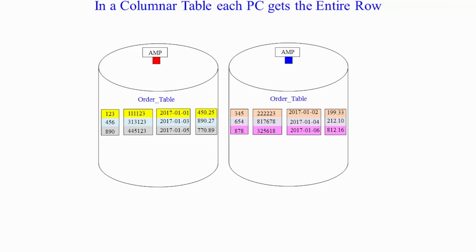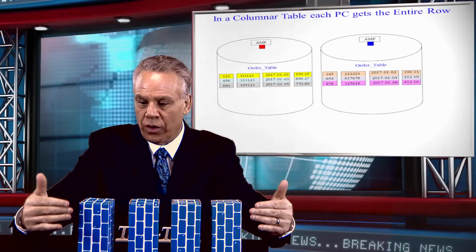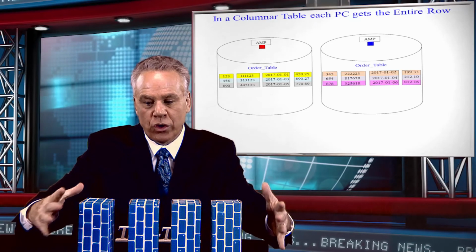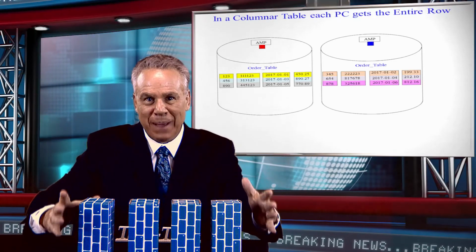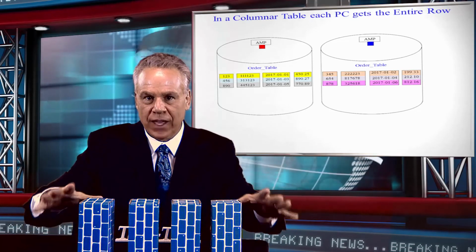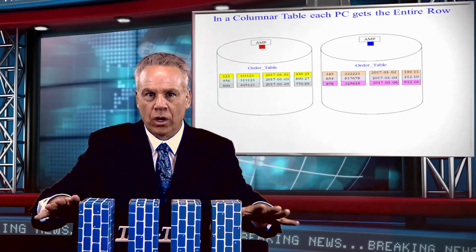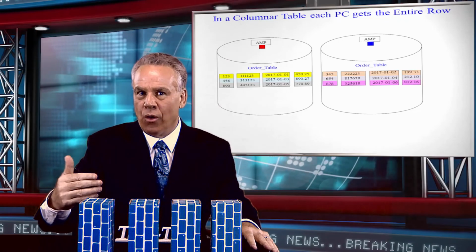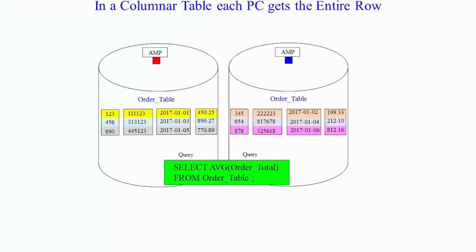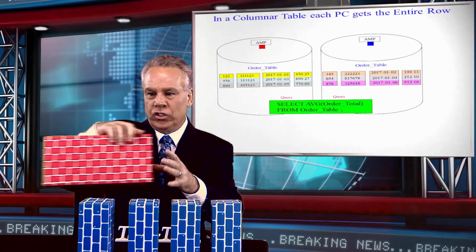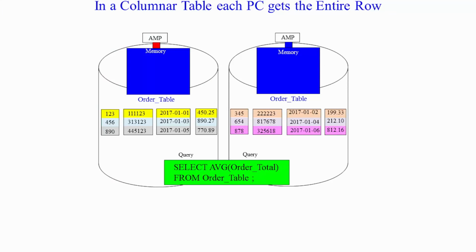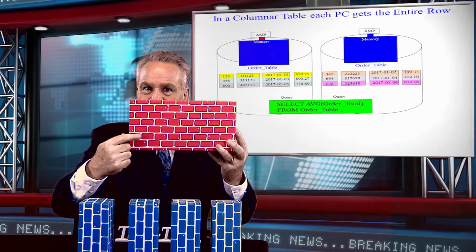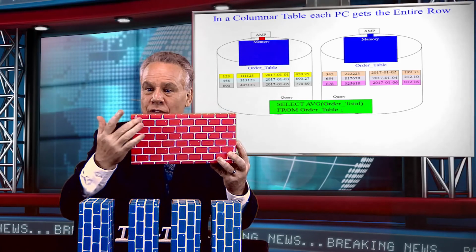The tricky part is they've got to keep that data synchronized. So if they actually delete a row, they go, oh, no. Just mark it as deleted because we don't want to mess up any balance here. But if they keep everything in perfect order, when you run a query now and say, give me the average order total, they don't have, like in a row system, to move the entire row in when we just need this little piece here to do the aggregation of the order totals.